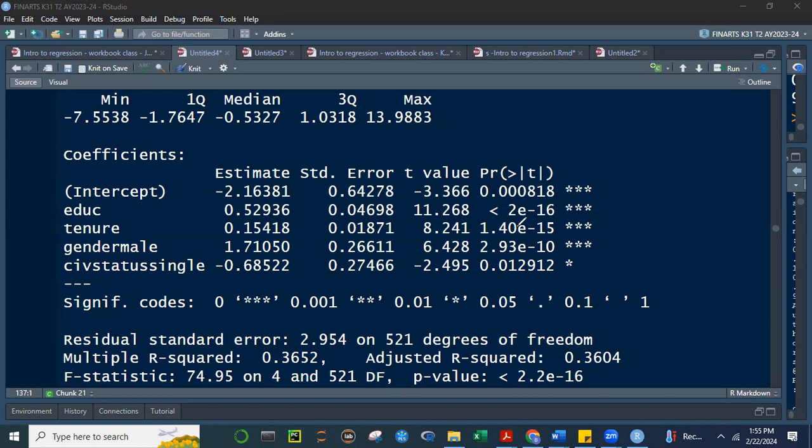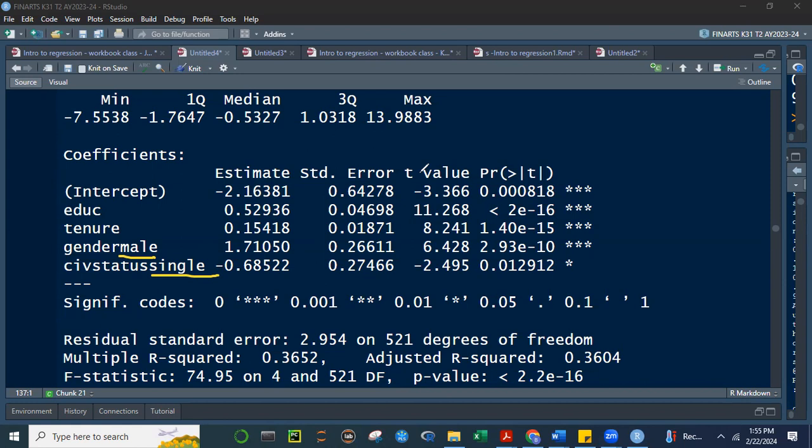Yes, sir, model 5. But I already know why it's different, sir. It's because my reference is female, not male. Okay. Oh yeah, they'll be different. So it depends on your reference point for your factor. So, class, there will be a difference.